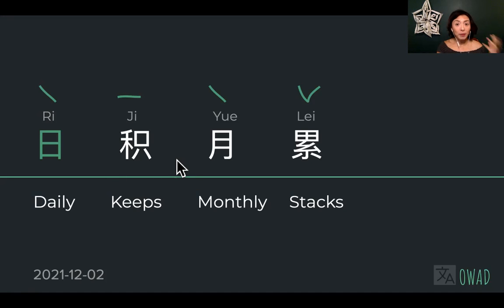The crop sign together with the sound simply means you accumulate, you keep accumulating this. And 累, a similar concept, but visually expressed a little differently.